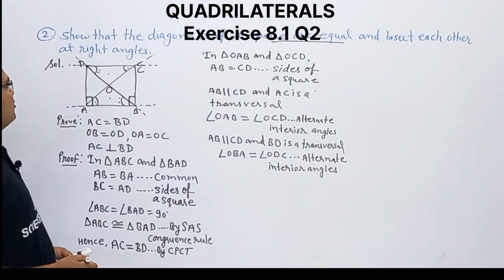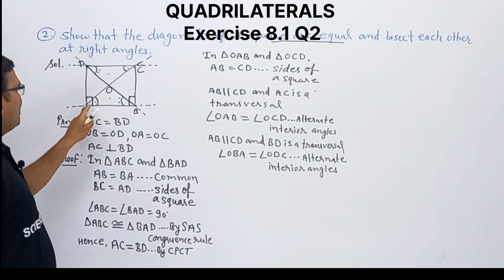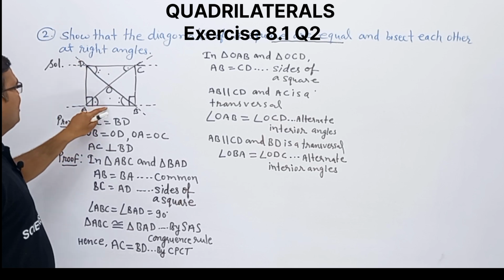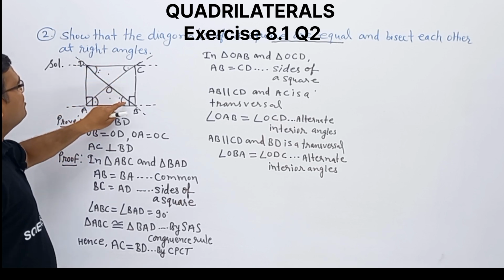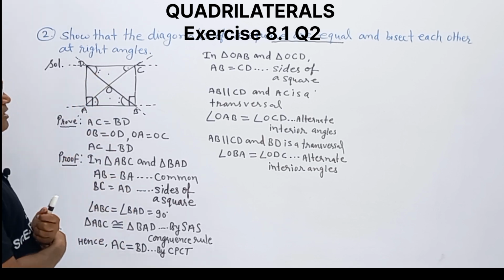Clear? So in these two triangles, triangle OAB and triangle OCD, AB is equal to CD, this angle is equal to this one and this angle is equal to this one. It means we observed three things equal.